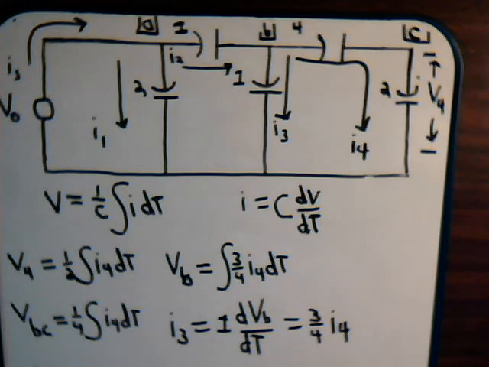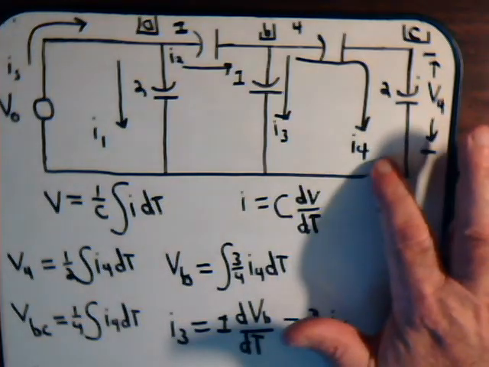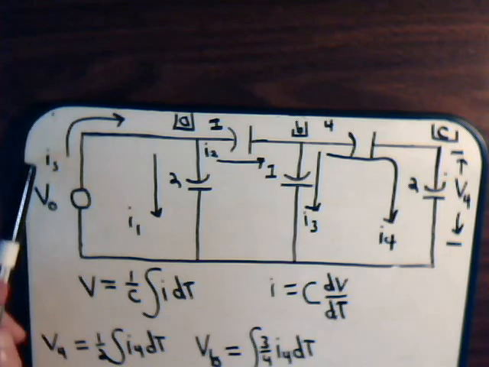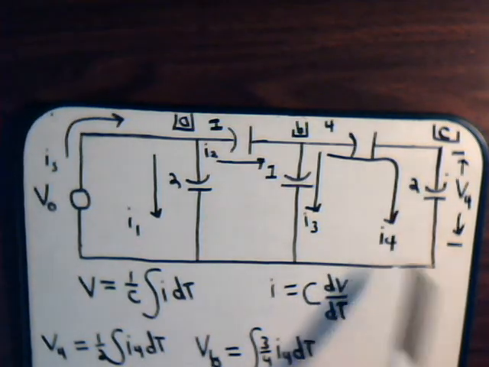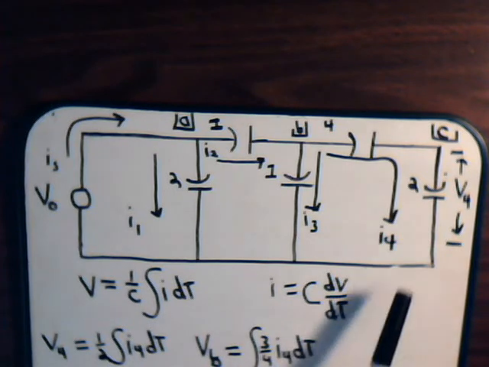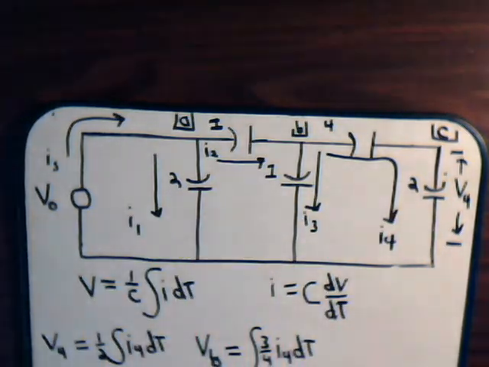So here we just derived a relationship between I3 and I4. What we want is a relationship between IS and I4. So probably we're going to have to keep doing what we've done here in this branch of the circuit and just follow it all the way back. So let's see what happens.